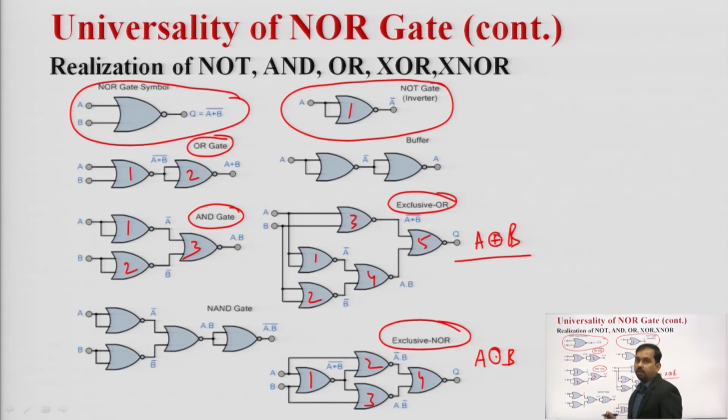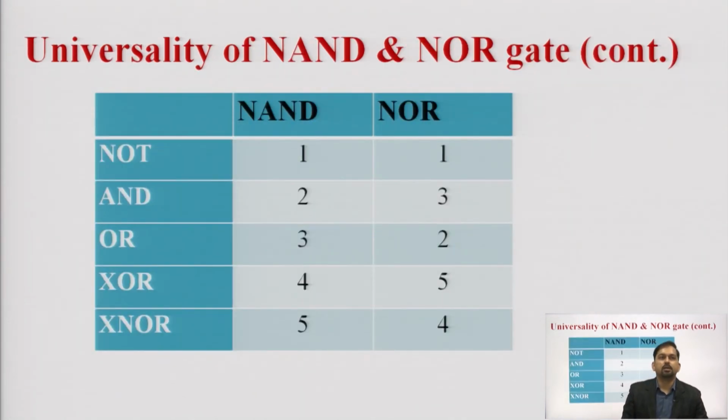So if we build a small table of how many NAND and NOR gates are required to implement the other gates, then we can say that for the NOT gate the number of NAND and NOR gates is equal. For the AND gate, using NAND we required only 2, but with NOR we required 3.